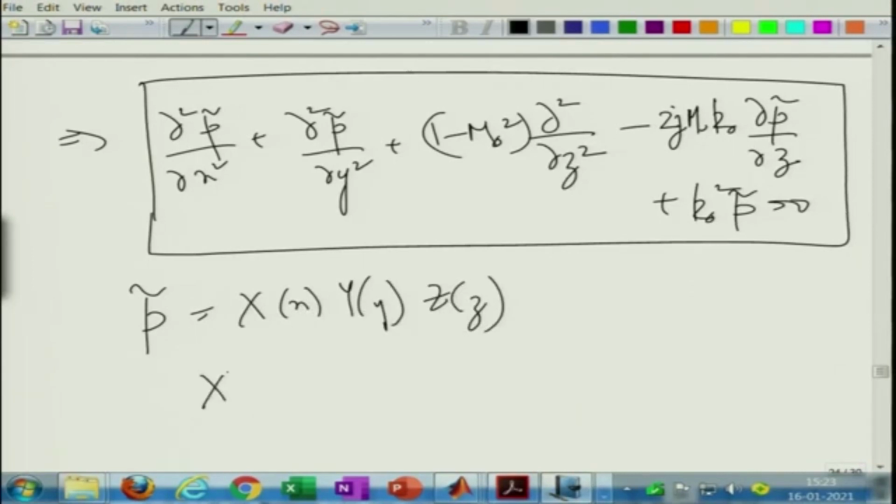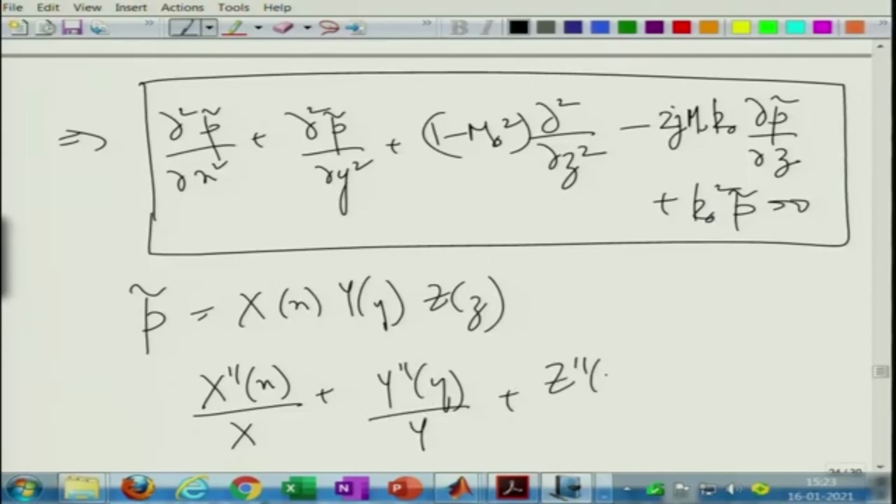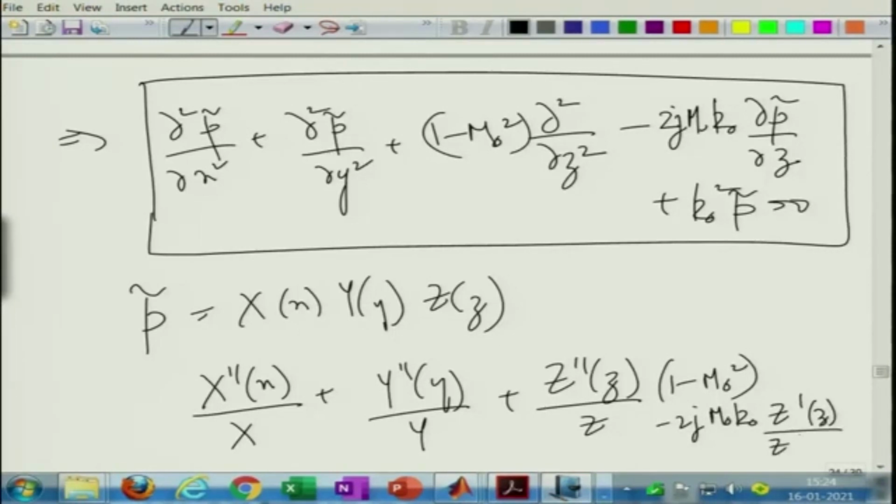Once we do that, I am omitting the algebra and just directly writing it here, and here is 1 minus M naught square, and you will get your Z dash divided by Z plus k naught square is equal to 0.